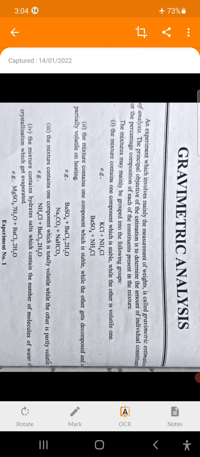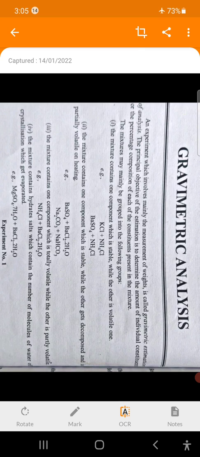And there are different types of analysis: gravimetric analysis, volumetric analysis, titrimetric analysis, conductometric analysis, based on the different methods used. In volumetric analysis, we determine volume, that is the amount of solution used, measured in ml, that is cm cube.